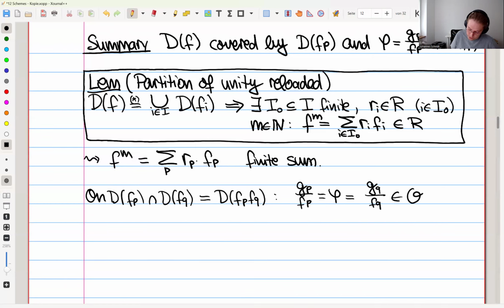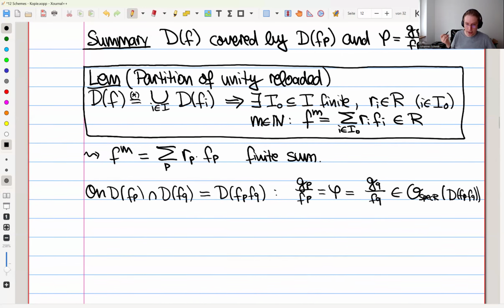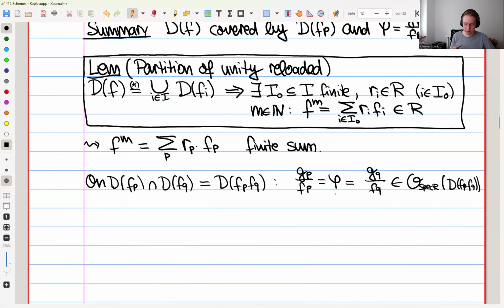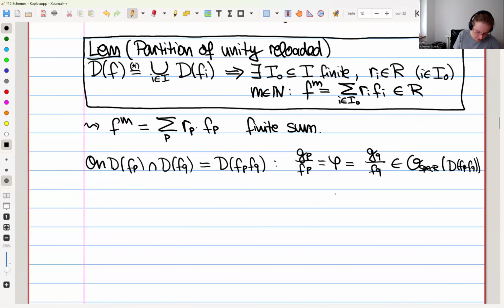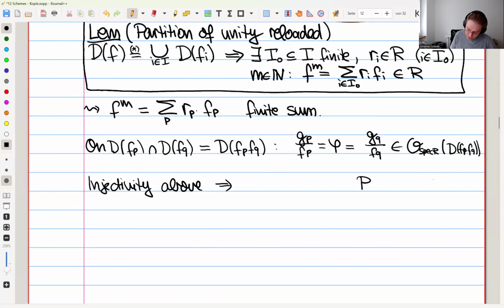And this is an equality in O of Spec R of D of FP FQ for all P and Q. And then now we actually use the part of the statement that we have already proven, the injectivity. You see, these two are elements which come from this localization R_FP FQ.